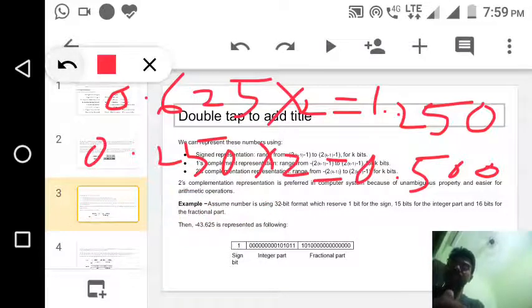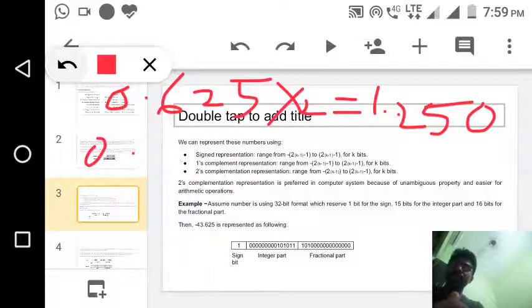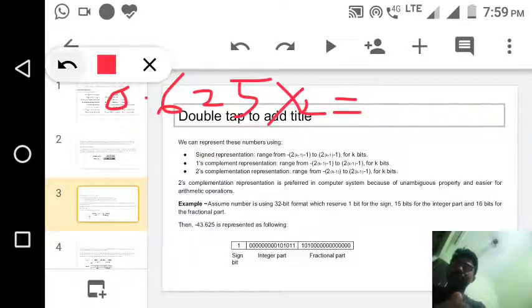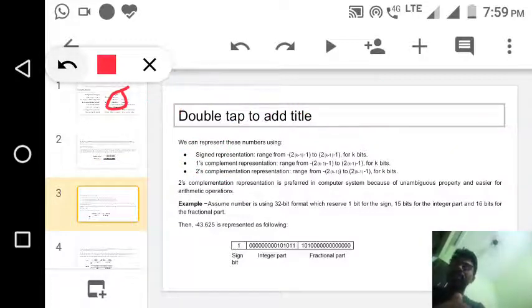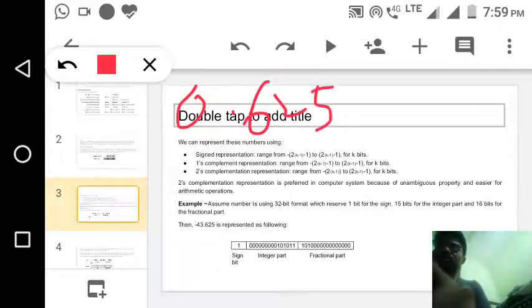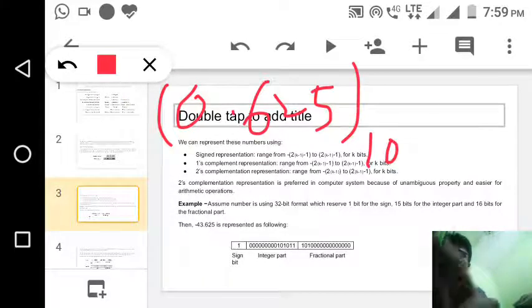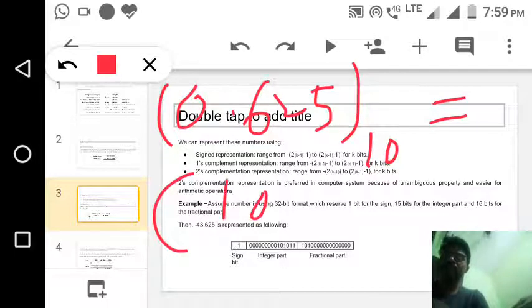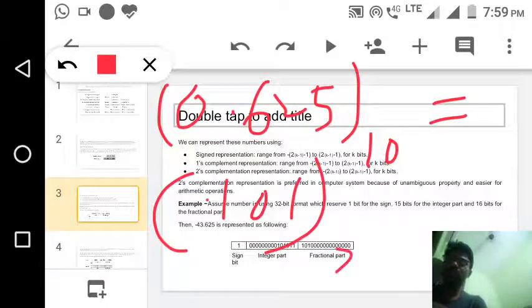So this is the way of converting a fractional part into a binary number. It is very important to know. So 0.625 is the fractional part, a decimal number, and its equivalent binary number is 0.101.